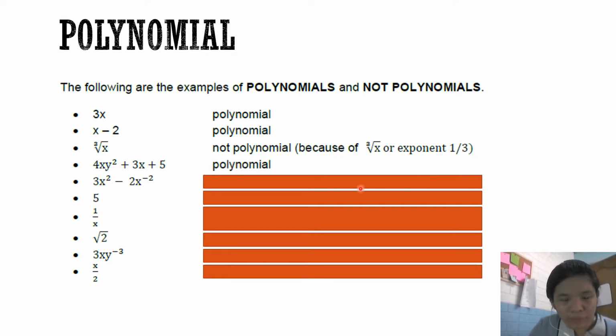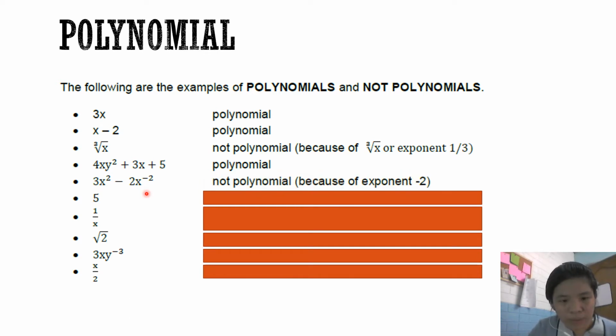How about 4xy squared plus 3x plus 5? It is a polynomial. How about the next one? It's not polynomial because the exponent is negative. Sabi natin, yung exponent daw ng variable should be a whole number. And negative 2 is not a whole number. It's a negative integer. So, how about 5?